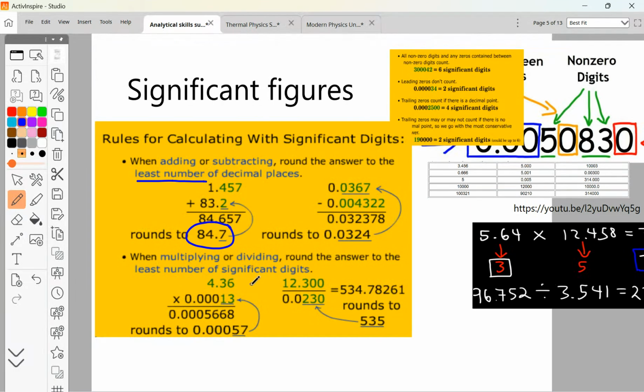But when we're multiplying or dividing, then we're going to use the least number of significant digits, because again, that value was significant up to that point, but there's only 2 significant figures, and therefore our answer will have 2 significant figures. It would be better to give this answer in scientific notation, because if there's a lot of zeros, that just doesn't look neat.